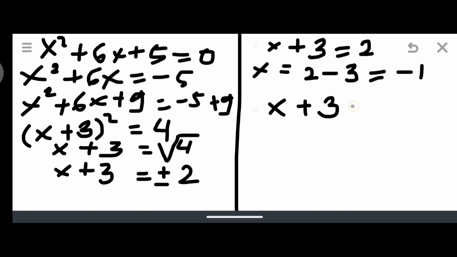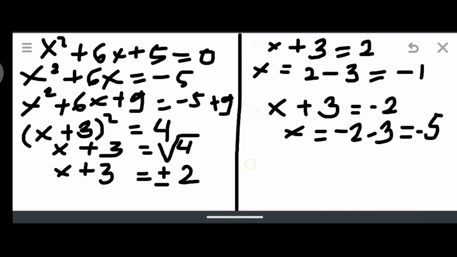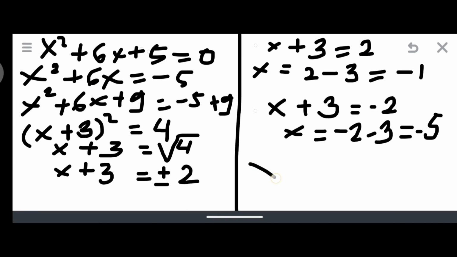Or x plus 3 equals -2, x equals -2 minus 3, x equals -5. Therefore, the solutions to the equation are x equals -1 or x equals -5.